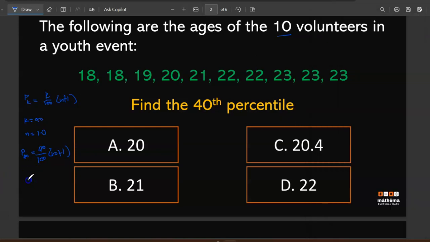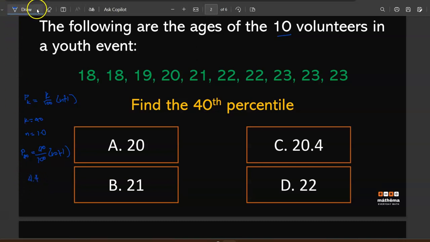Now remember, 4.4 is not our final answer. This is just the position of the 40th percentile. Now I'll be showing you two approaches in solving the percentile. The first method is the traditional, where we make use of rounding down and rounding up of numbers.